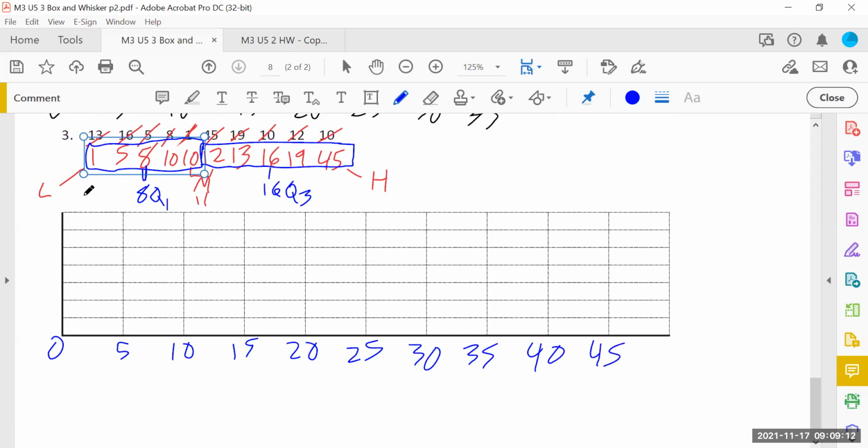So my low value was 1. My quartile 1 was 8. My median was 11. My quartile 3 was 16. And my high was 45. What do you guys think? Is there going to be an outlier here? Probably.